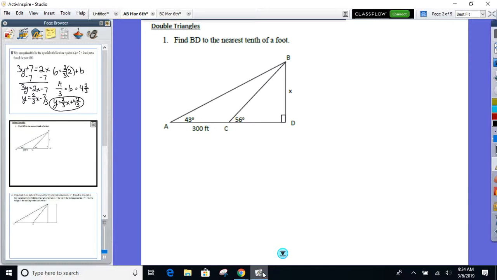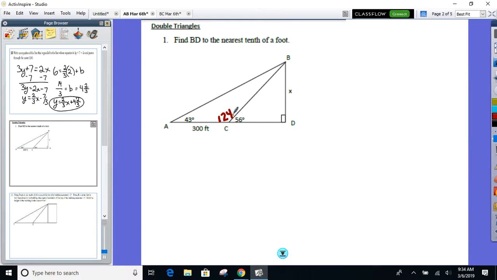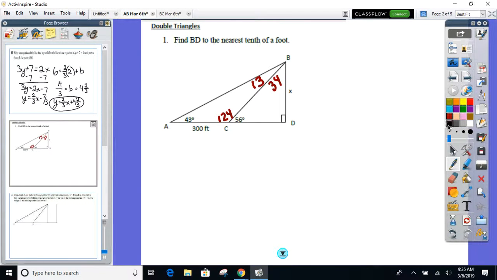Let's get a little bit more life to our diagram. All right, looks a little better.